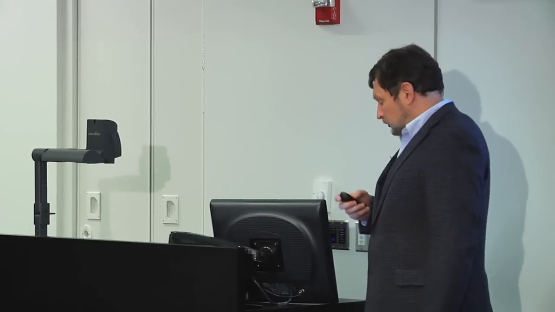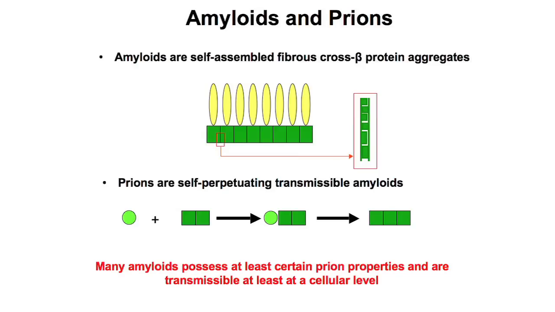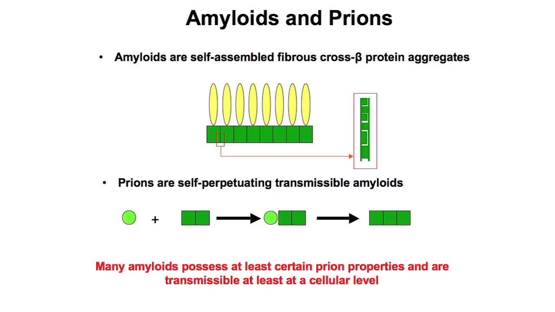Now, the specific type of amyloids called prions was initially recognized by the ability to transmit the amyloid state. If you take a prion oligomer or polymer and introduce it into another organism or cell in which there is no amyloid state for this protein, in which the same protein is present in the normal soluble state, then the prion would seed the formation of polymer and essentially turn the protein into the amyloid state.